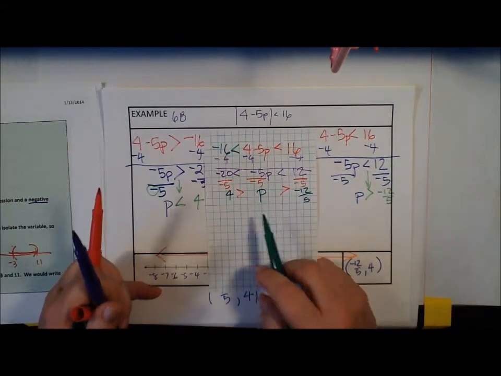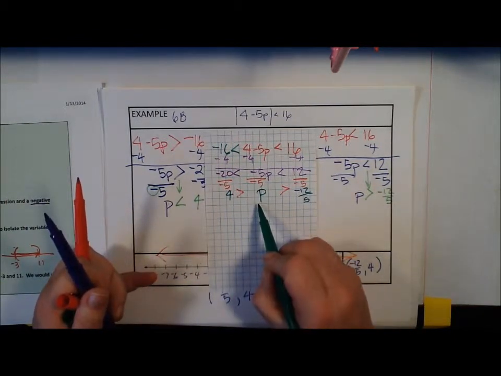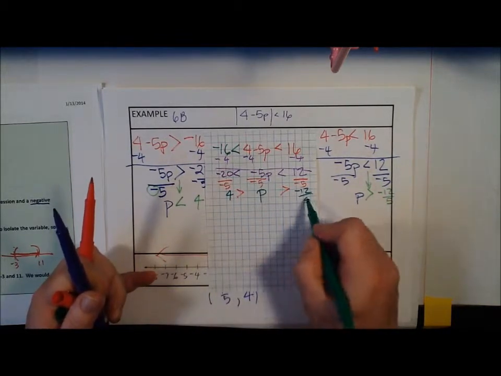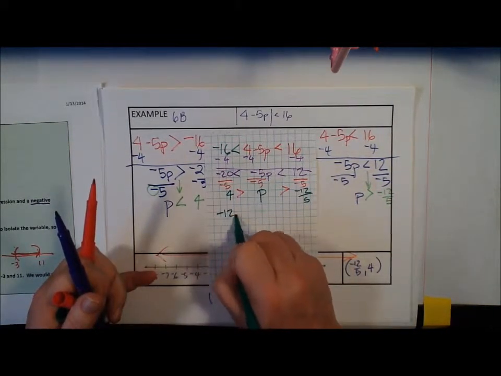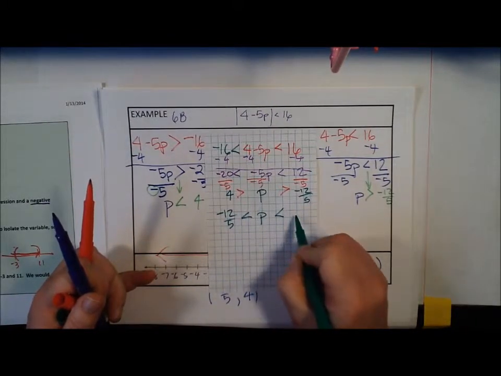The only problem with that is it's going the wrong way. Here I have 4 is greater than p is greater than that. I'd like to look at it from smallest to largest, so I'm just going to rearrange this so it's negative 12/5 is less than p is less than 4.